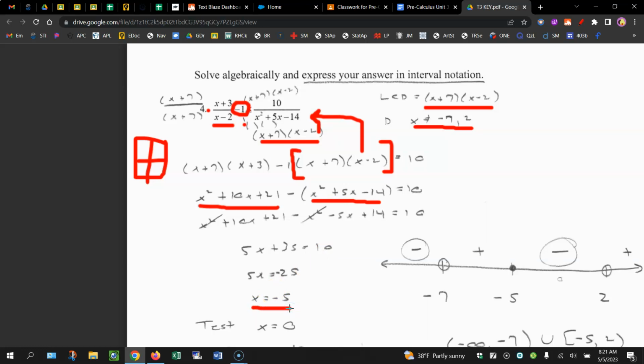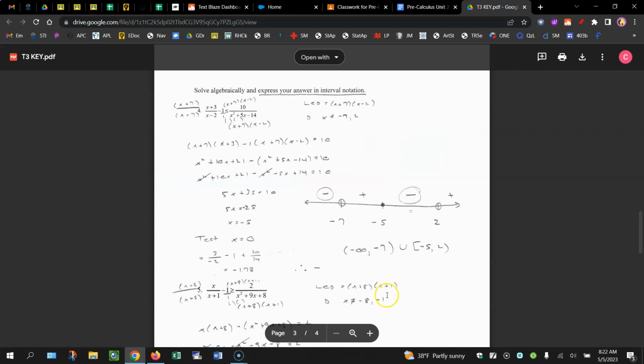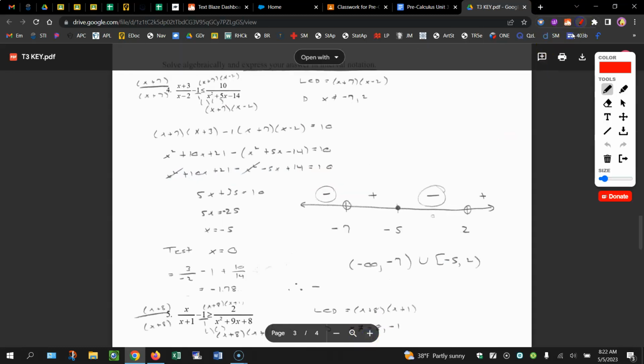So this is going to be incredibly important, because now what we need to do is figure out the number line and what we can actually have as far as these values go. So we have less than or equal to. In the calculator, we're going to type x plus 3 divided by x minus 2, minus 1, minus this 10 divided by x squared plus 5x minus 14.